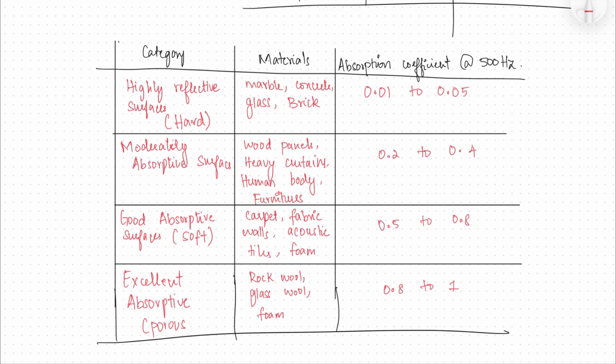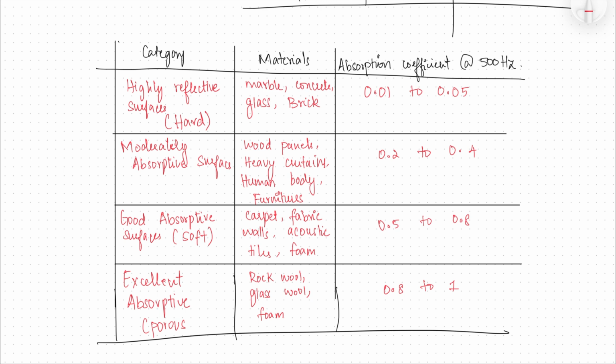The easy way to remember them is, if you have a hard surface, it has very little absorbing property, so it's mostly reflected back, and it ranges from 0.01 to 0.05. If it is semi hard and semi soft, like your wood and furniture, then they'll have 0.2 to 0.4.